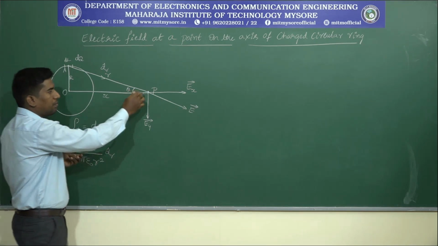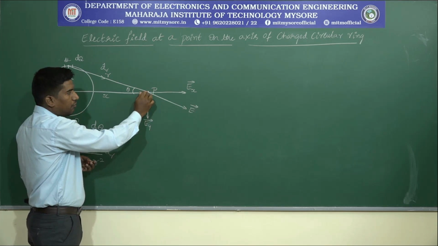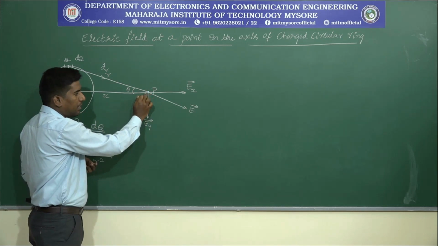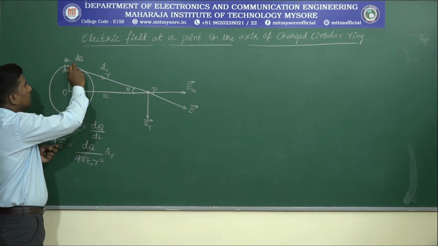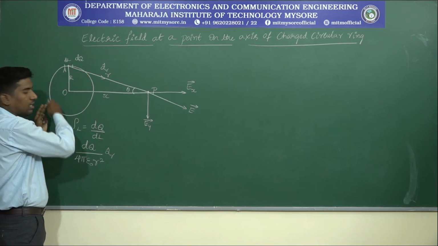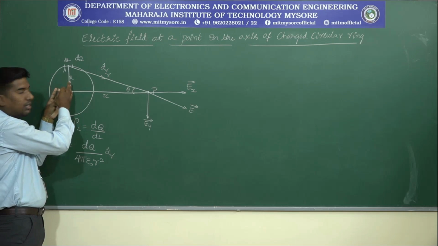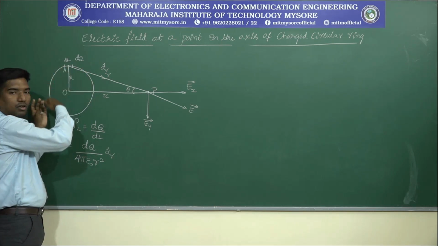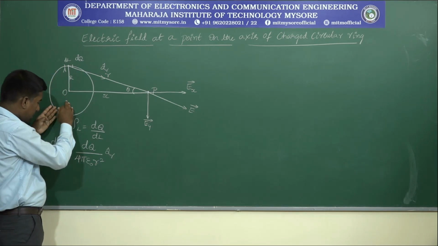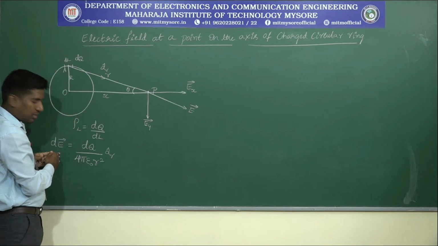But in order to obtain the total electric field intensity at point P, we need to consider all the elementary lengths along the circumference of this circle, so we need to integrate all the elementary components. For that, we first need the equation for dq.